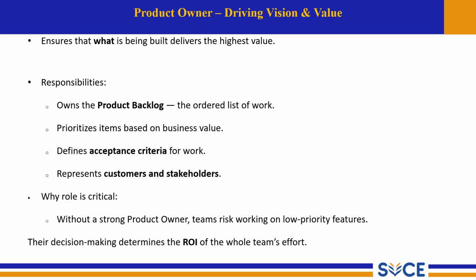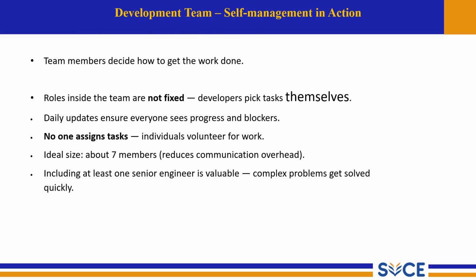In the next slide, we will see the development team, self-management in action. The development team members decide how to get the work done. Here, roles inside the team are not fixed. Developers pick tasks themselves, so daily updates ensure everyone sees progress and blockers.